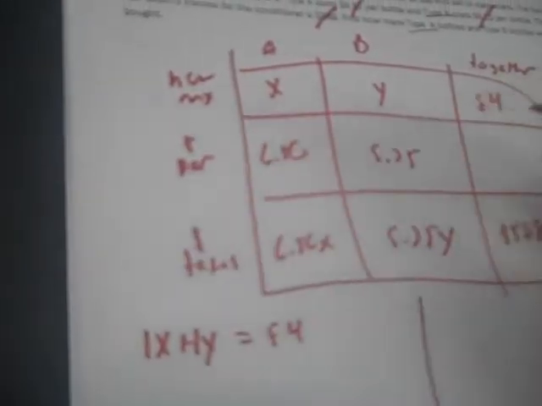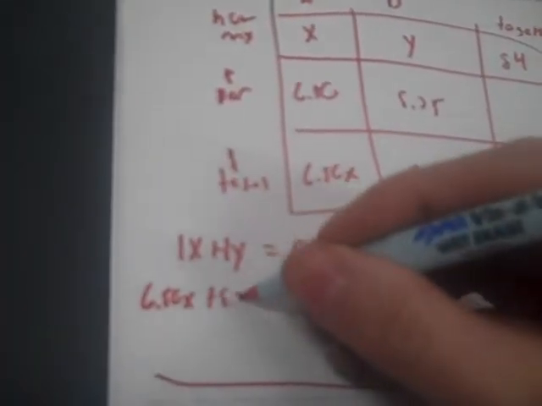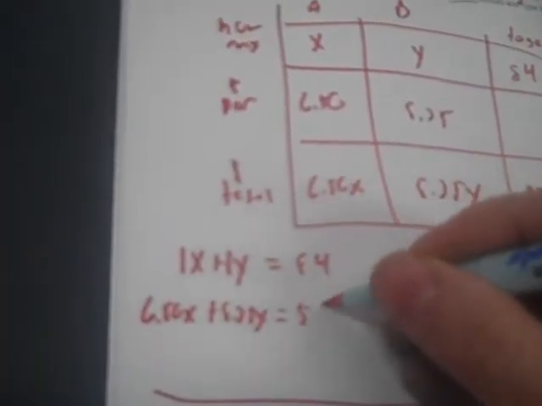So I have a system for X and Y that I'm able to solve. So X plus Y equals 84, would be ones. And I know these have decimals, but just use the decimals. They're not like percents, so plus 8.25Y equals 588.